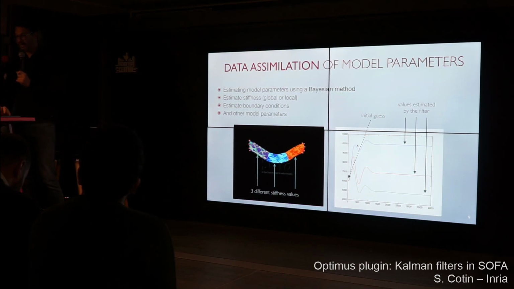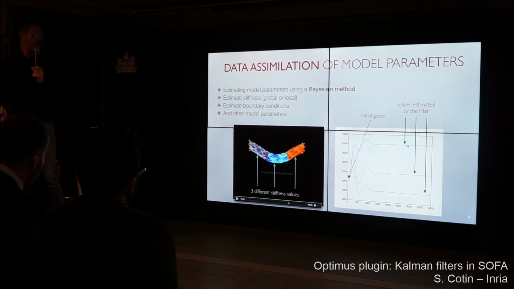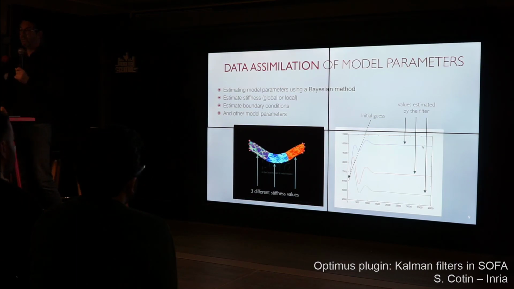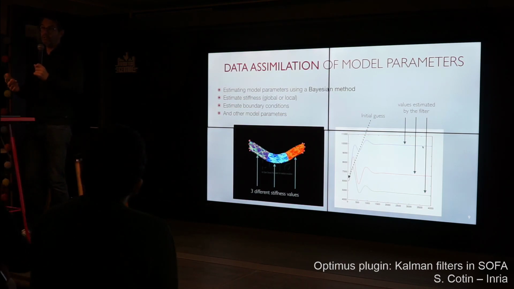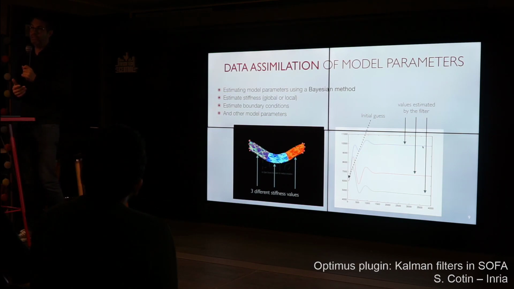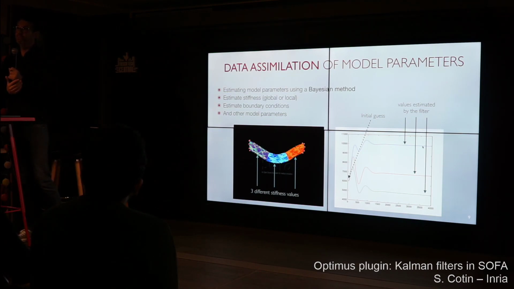Bottom line is, as time goes by, but it takes only a few seconds in general, it will converge to a constant value, which is normally close to the true parameter value. But not necessarily. If your model is wrong, it will find a value which is good for the model, but not necessarily fitting the true stiffness of the real object.